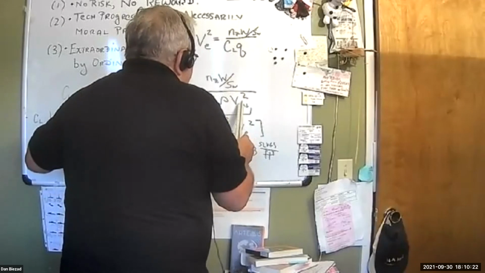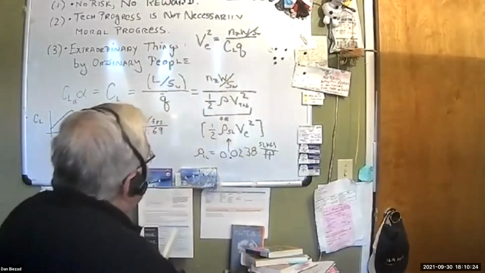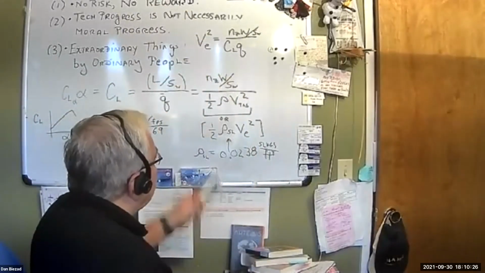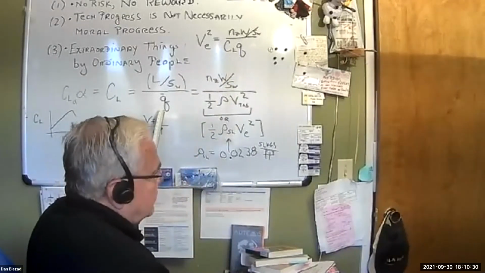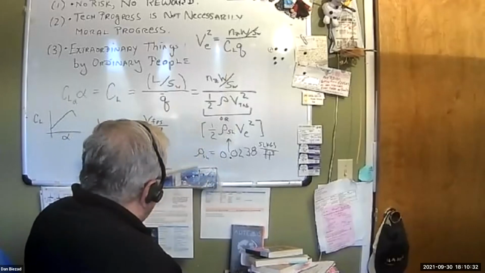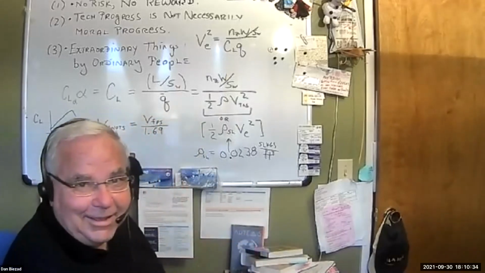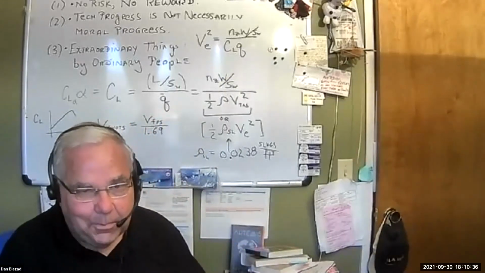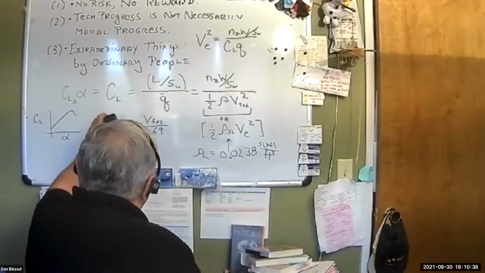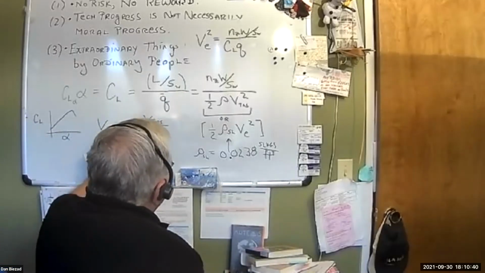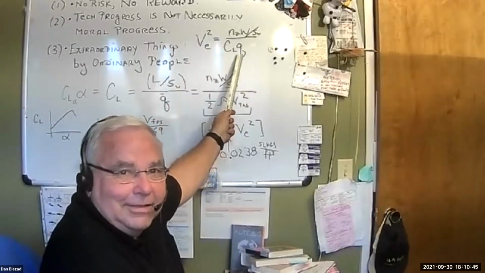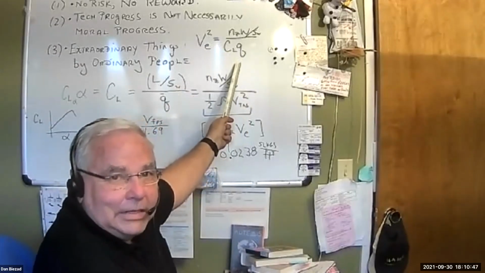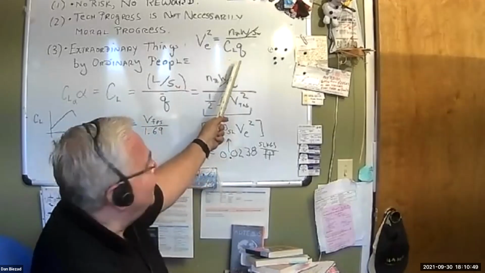So now the denominator's got to be the same, right? Well, the denominator has CLQ over here, and the denominator over here has what? Q. Oh wait, no. Oh, sorry. No, that's not Q. Well, that's what the Navy's got, right? This is the Navy. The Navy said this is right. Okay. How can it be right?